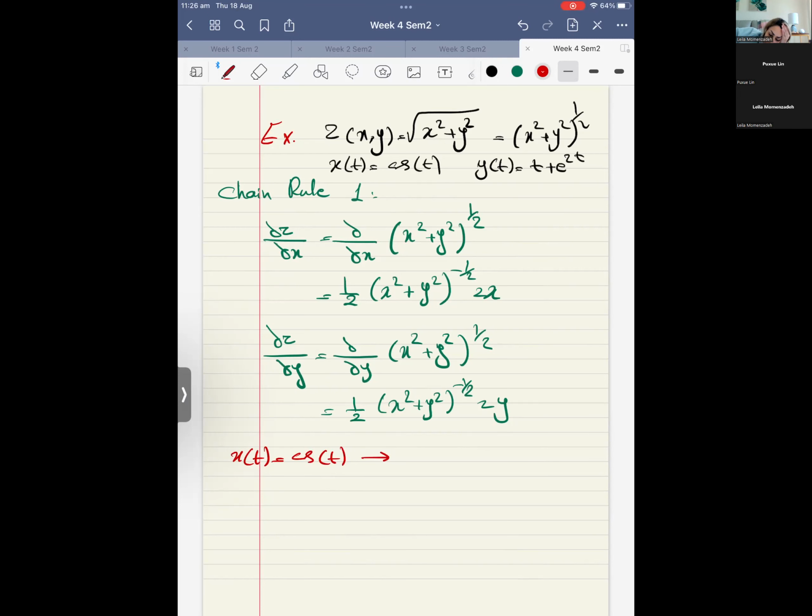It means that dx/dt is equal to minus sine t. Then you have y(t) equal to t plus e^(2t). It means dy/dt would be equal to 1 plus 2e^(2t).